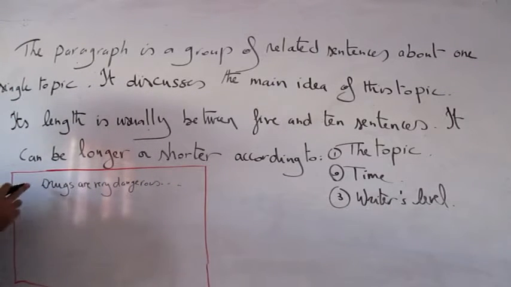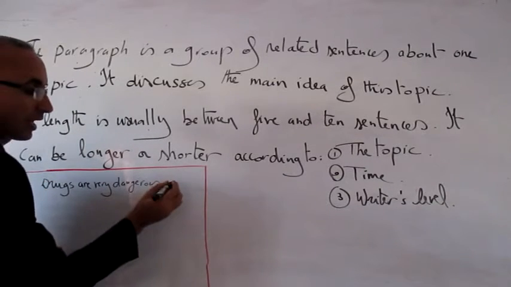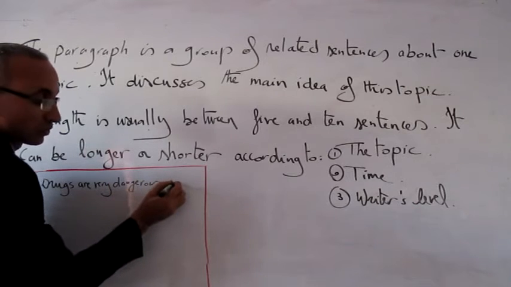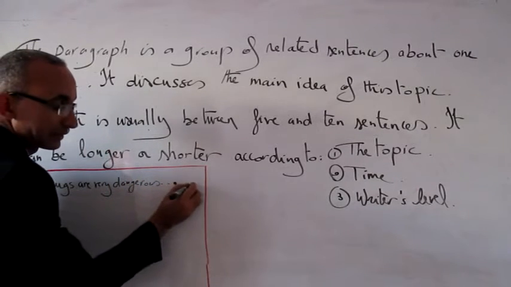Clear? Now here I left this space. Always I must leave this space when I start writing my first sentence. Now in case I finish my first sentence here, I must keep writing.